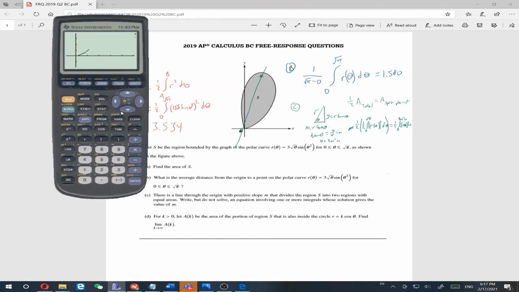As we keep building those circles more and more, the cosine at pi over 2, which is not quite to the square root of pi, is going to give us 0 for our radius, and after we extend beyond that, we'll be in quadrant 4 for k cosine theta. So eventually, as k keeps increasing and we get bigger and bigger radii of that circle, I can model this with maybe throwing in a bunch more 4s here.